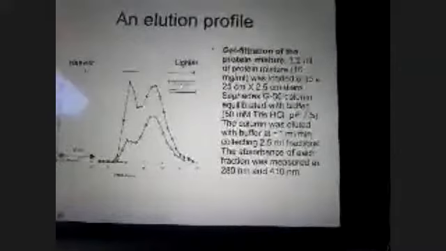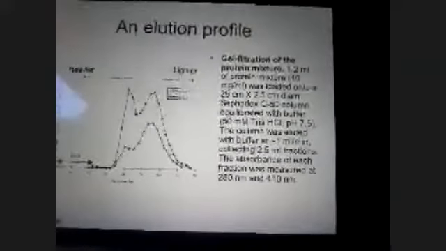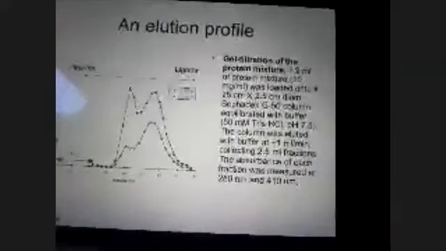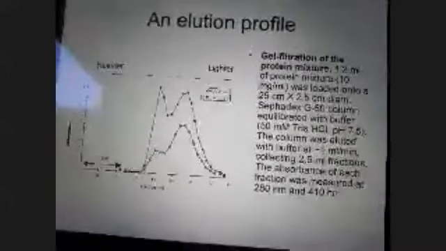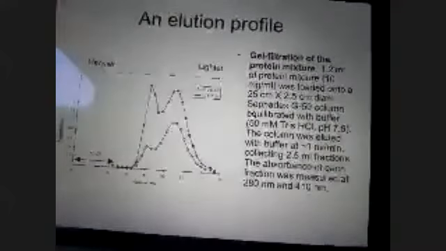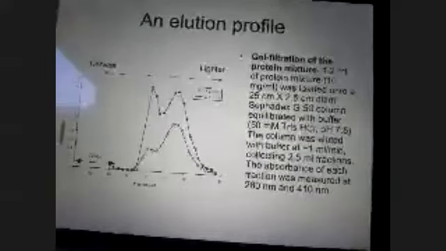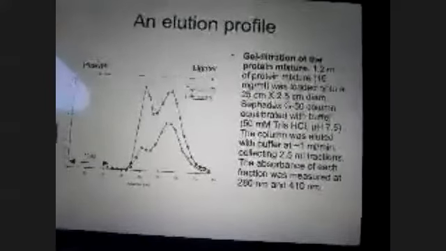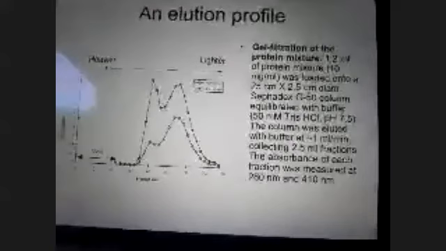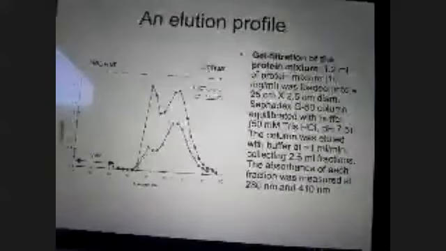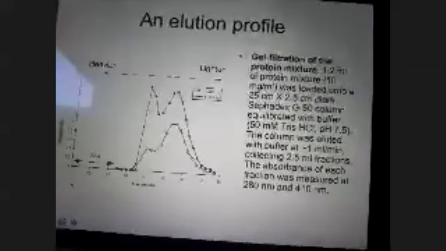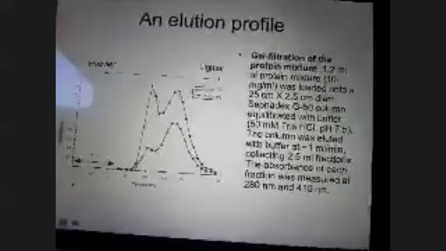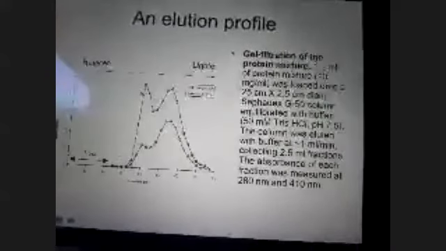The void volume is the volume inside the column. The matrix is definitely filled with buffer, so we need to know the volume of that buffer first. Never mind, this one we can cover later.